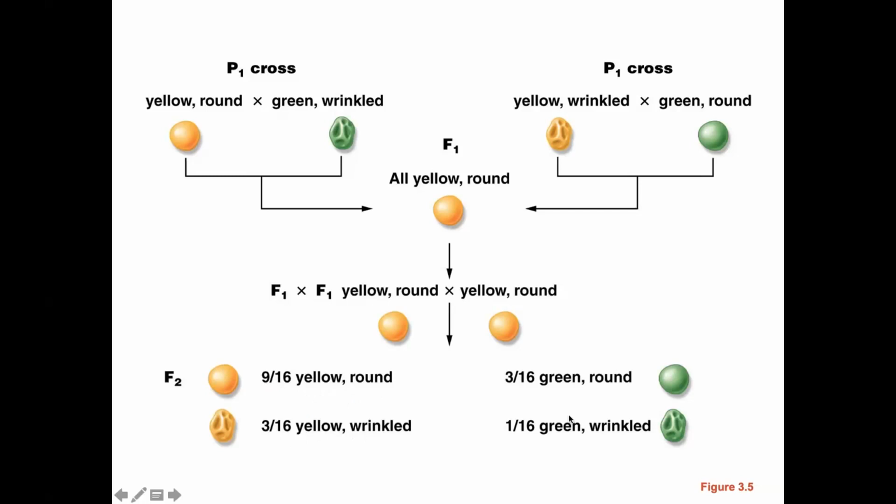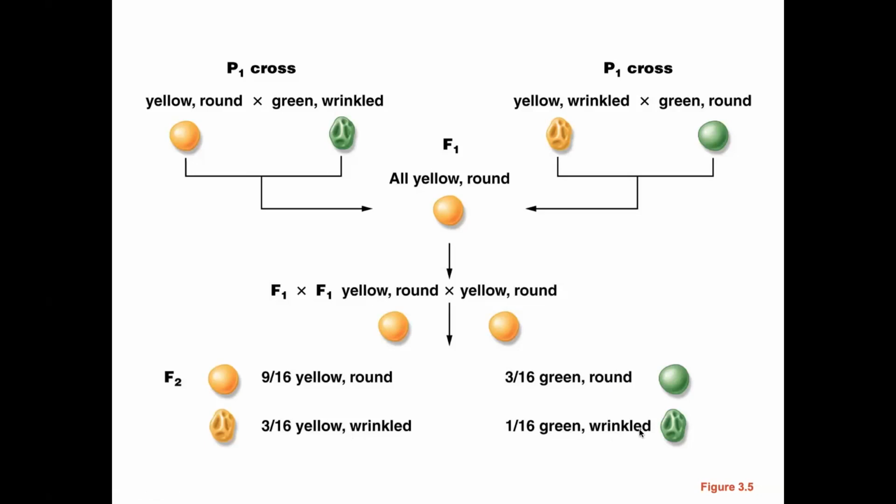Then you go over here, of the green seeded plants in that F2 population, that's 4/16 of the population, and what you see is that 3/4 of them are round and 1/4 are wrinkled. So what Mendel saw is that it didn't matter whether you inherited the yellow seed color or the green seed color, irrespective of which one of those two alternatives you inherit, you still segregate 3:1 for seed shape. In other words, the two traits are being inherited independently of each other.